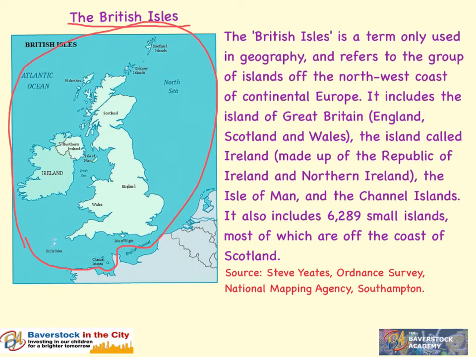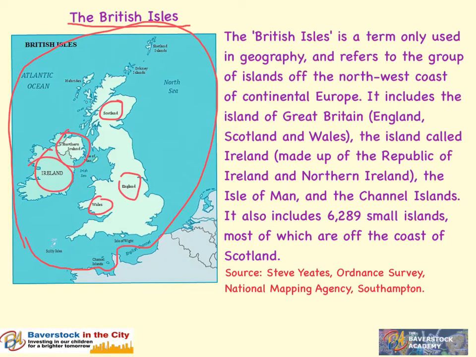It includes the island of Great Britain, which we know is England, Scotland, and Wales. It includes the island called Ireland, which is made up of the Republic of Ireland, that bit, and Northern Ireland, that bit.